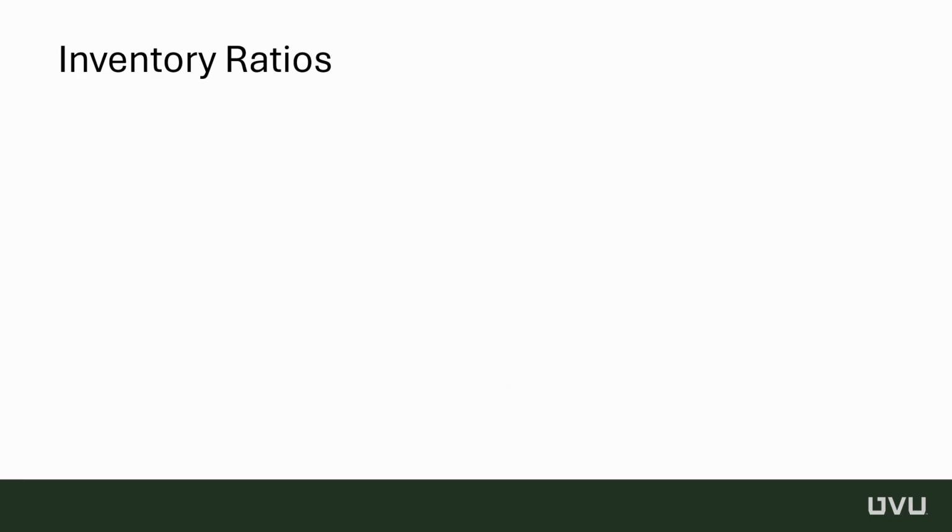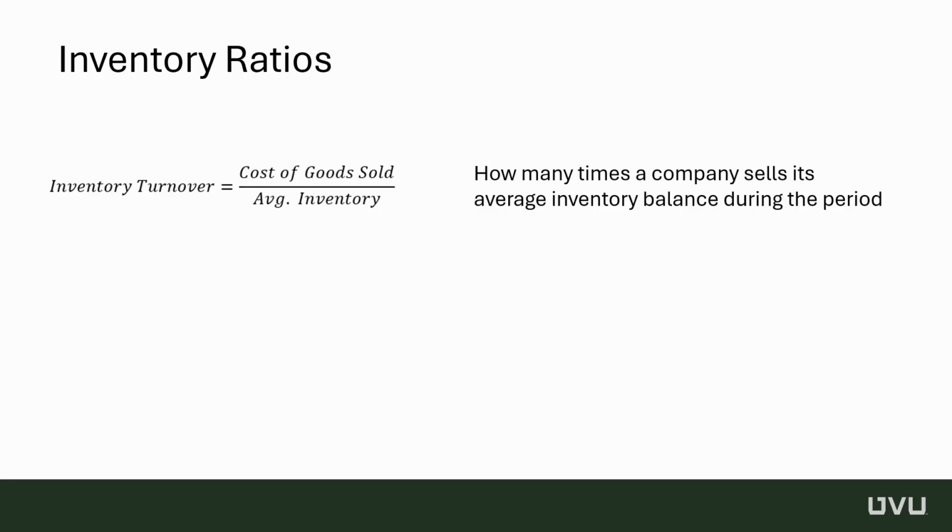I want to conclude with a brief discussion of inventory ratios. This is largely going to track what we did with receivables in the last unit, and we'll start with inventory turnover, defined as cost of goods sold divided by average inventory. And like the AR turnover ratio, we're measuring the number of times something happened. In this case, the total number of times the company sold its average inventory balance during the period.